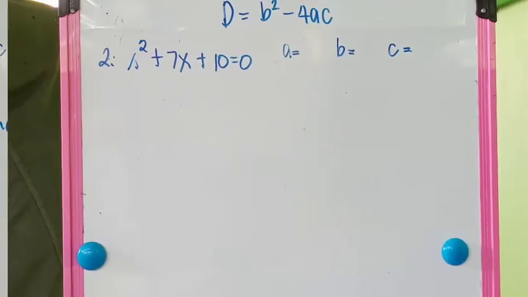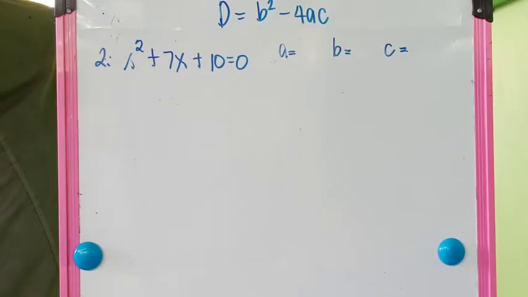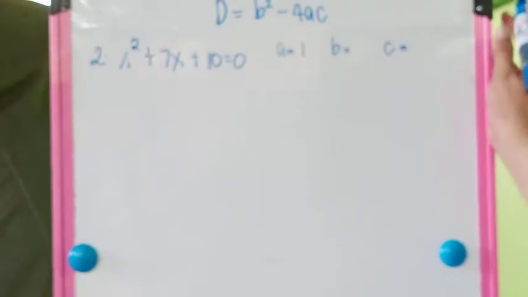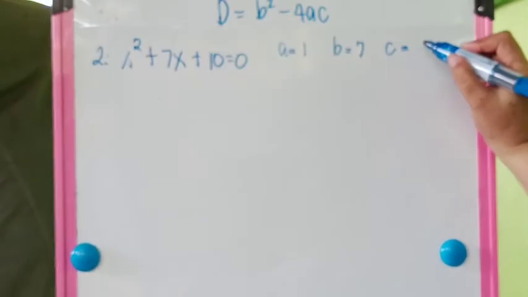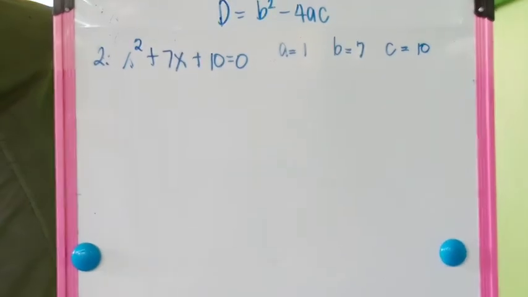Okay. Our second equation is the equation x squared plus 7x plus 10 equal to 0. So, in this equation, the value of a is 1. And then b is 7. And then c is 10.